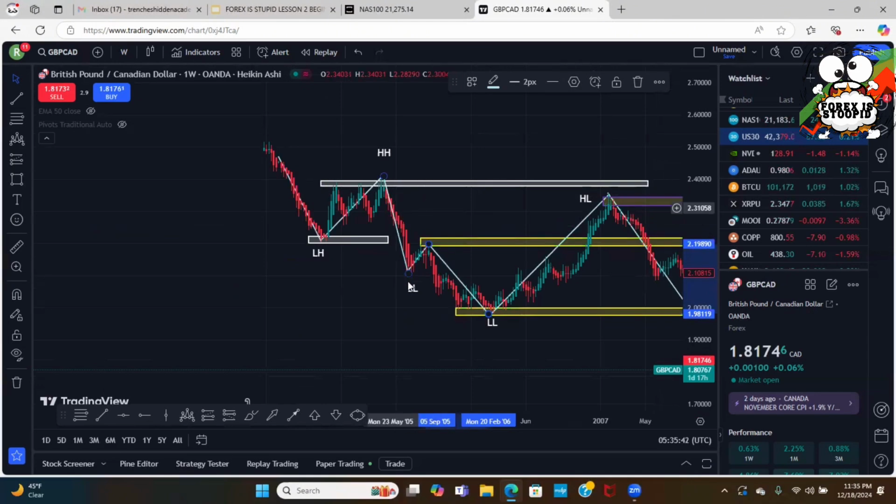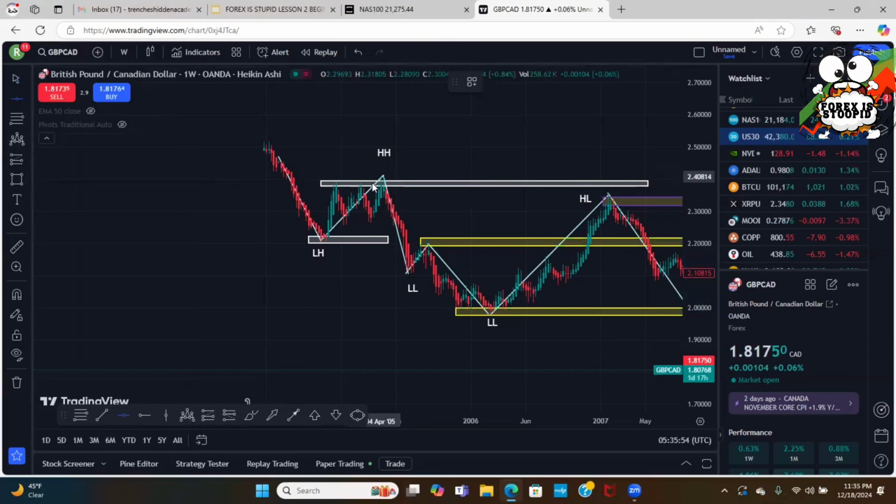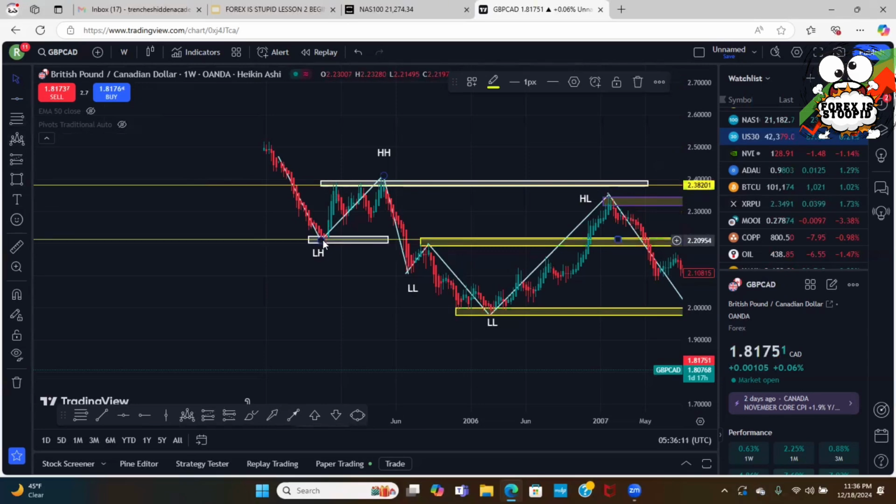So this is a major support level. Well, we're gonna put it right there. But that's a major support. It was a major support level right here, and then right here was a major resistance level, right?